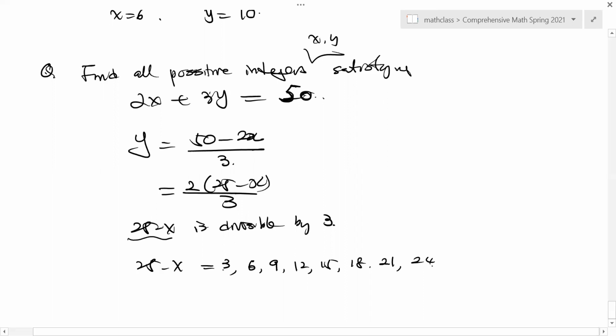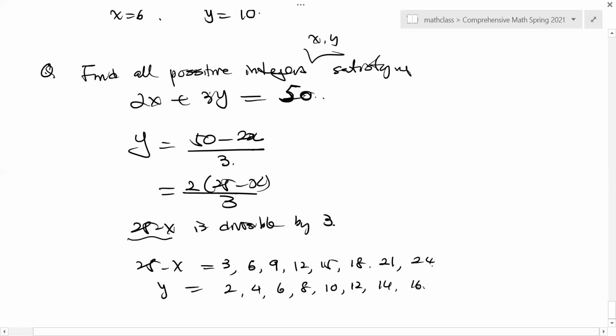So that's divisible by 3. The corresponding y value is going to be, if this is 3, 3 divided by 3 is 1, and 2 times 1 is 2. Then 6 gives 4, 9 gives 6, 12 gives 8, 15 gives 10, 18 gives 12, 21 gives 14, and 24 gives 16.